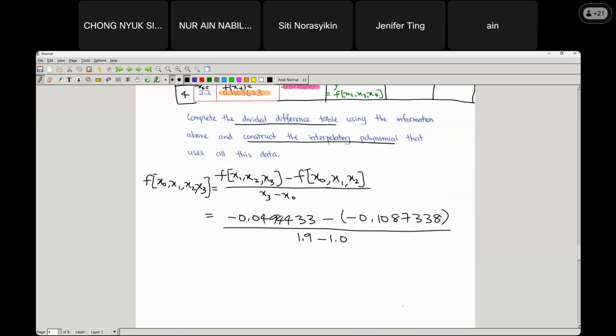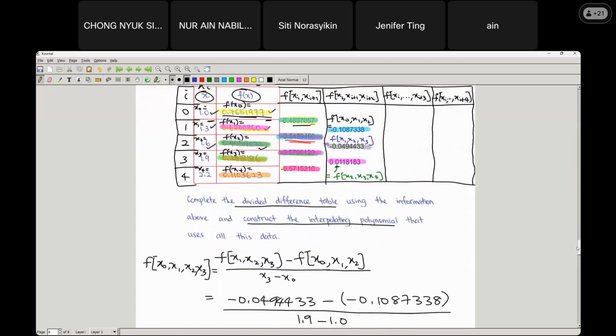So I will be able to get the value of 0.065878. So you fill in this value into this table here. So we fill in here, I get 0.065878. And I give you the next one.